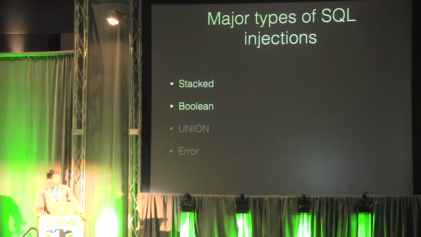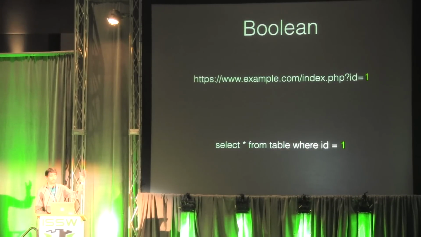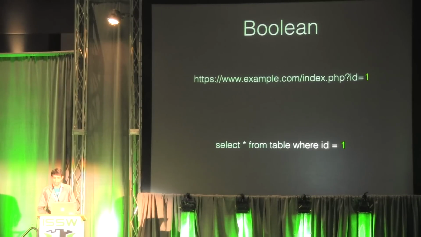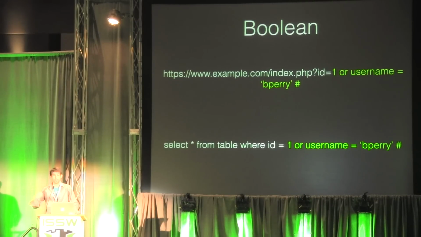Another type of SQL injection is a Boolean type SQL injection. Let's take the exact same example we had before, where we have a URL with an ID of 1 in the parameter, and then the SQL query that we're going to be running with that ID that we're supplying in the query string. So let's say I pass in a value of id=1 or username equals bperry.